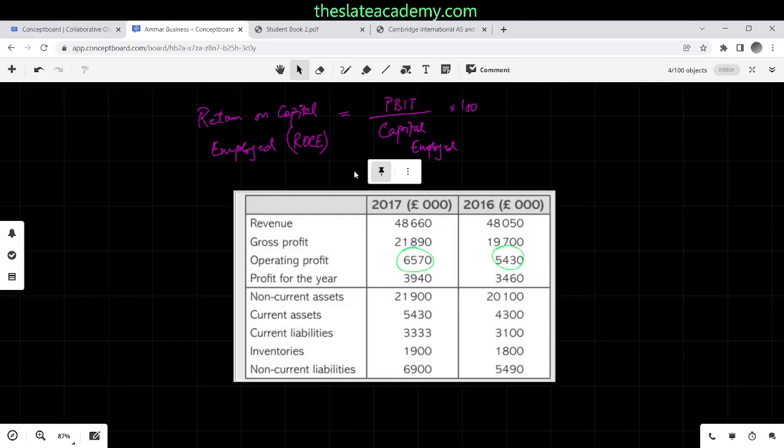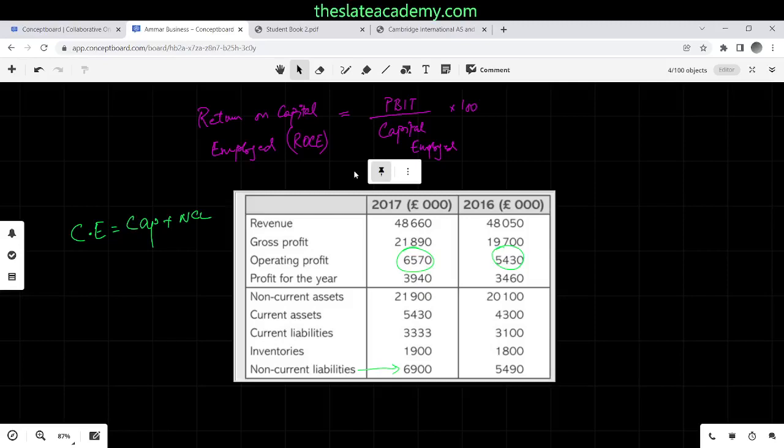Alright, I'll give you how we calculate the capital employed. The formula I gave you previously was capital plus non-current liabilities. Non-current liabilities are given over here, but capital is not. How can I calculate capital?